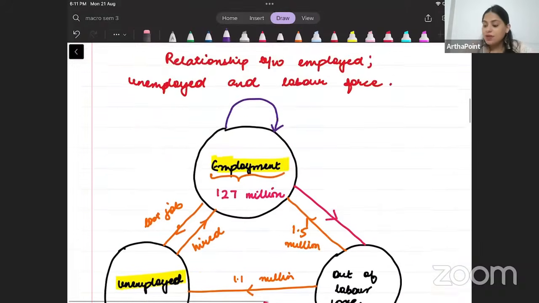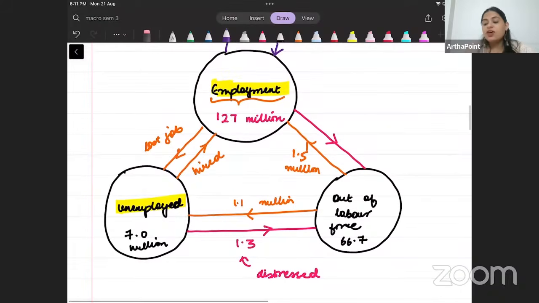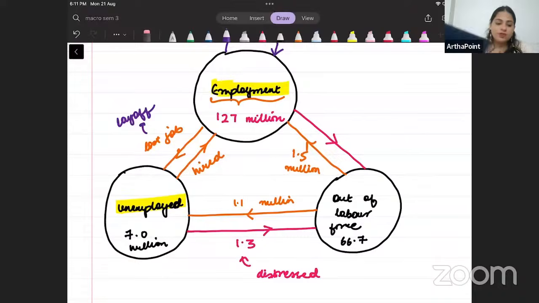Layoff matlab ki people who were employed, but now they have become unemployed. This is a layoff. Right? So considering all of these things, this is the entire diagram that you can draw as a relationship between these things. And these relationships are very, very important, even from exam point of view.